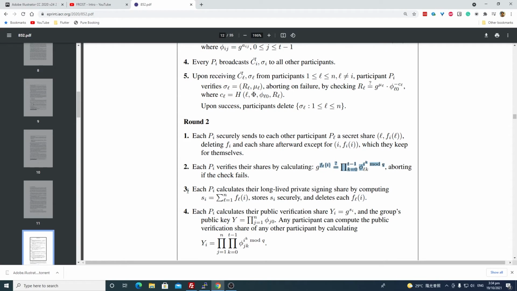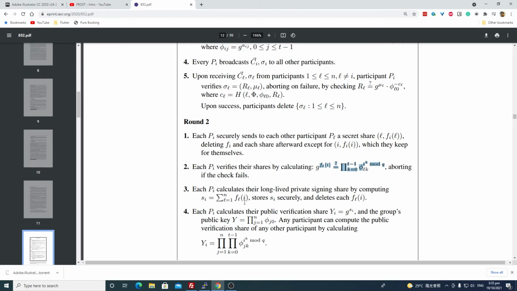Okay, and then part 3, each P_i calculates their long-lived private signing share by computing. Oh, so now you sum for your given index, right? So you assign an index or the x value, 1, 2, 3, 4, right?